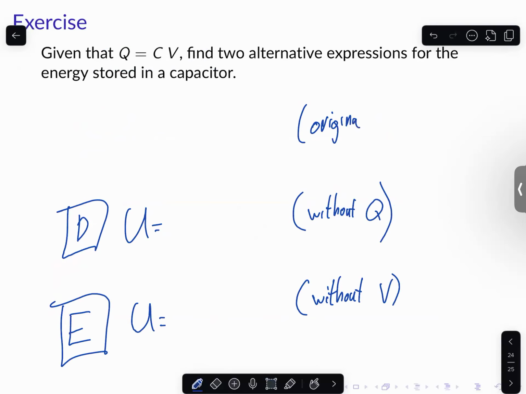I will remind you that the original expression that we just had was 1/2 Q times V. And we can eliminate the Q or we can eliminate the V using the top equation. Do that.